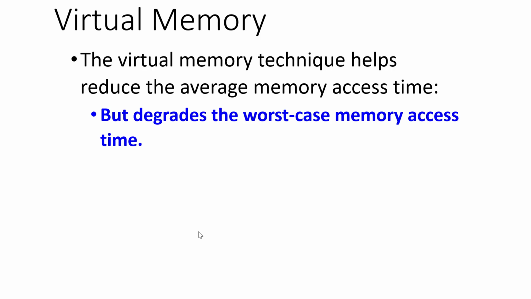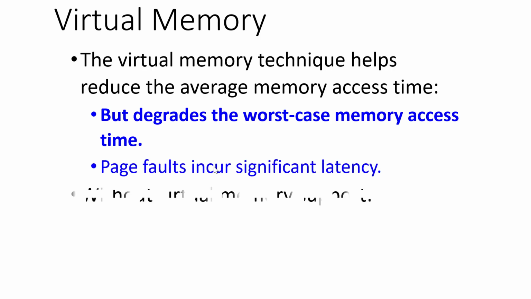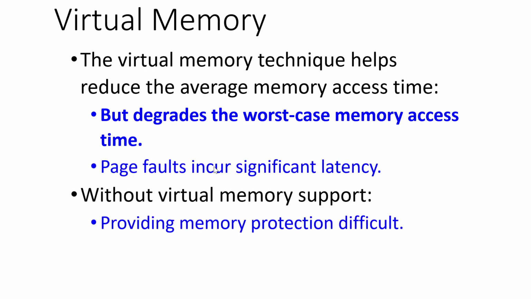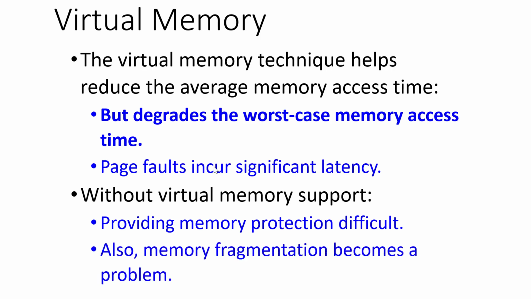So regardless of the amount of physical memory, you still need virtual memory. Otherwise, two processes may end up overwriting each other's address space. And page faults will also incur a very significant latency. So without virtual memory support, providing memory protection will become quite difficult. That's the reason you need it.